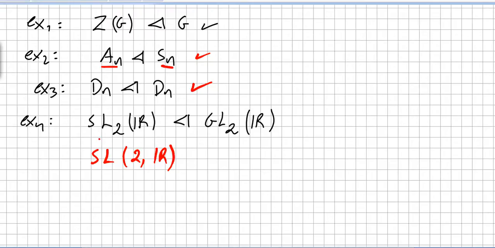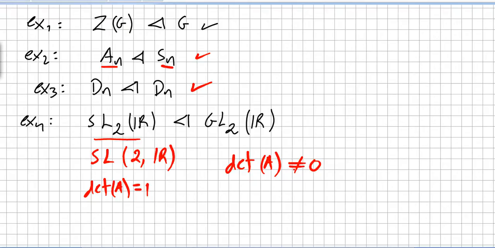The determinant of these matrices equals 1, and the determinant of the matrices in the general linear group is not 0. So the special linear group of 2 by 2 matrices with entries in R is a normal subgroup of the general linear group of 2 by 2 matrices with entries in R.